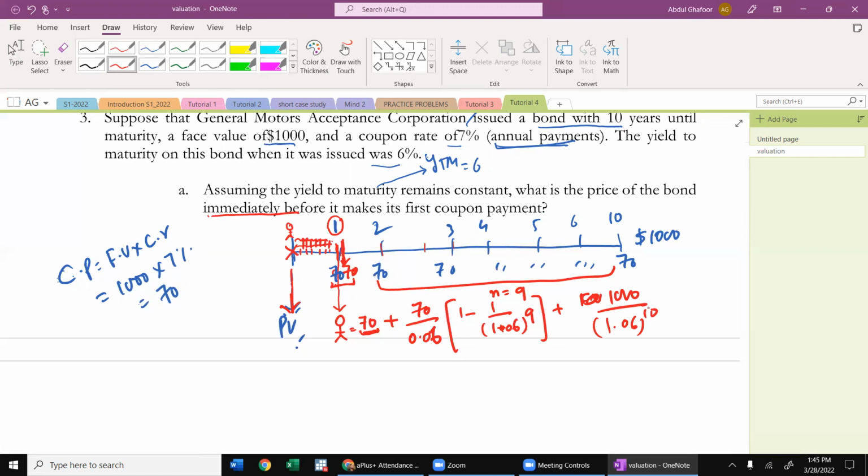Anyone? 10? You are saying 10. If you are saying 10, am I standing at year 0 or at year 1? Oh, 9. Very good. It should be 9, because my position is not now at year 0. My position is at year 1. So you will get your answer. Correct? Did you get me?